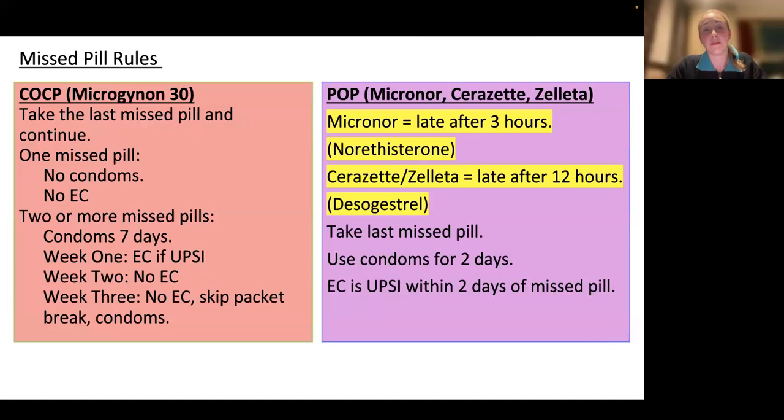So if they've missed 2 pills in week 1 and had unprotected sexual intercourse, you want to give them emergency contraception. In week 2, it matters the least, because if you've had 7 days of taking it, you're covered. So in week 2, no emergency contraception, but you would advise them to use condoms for 7 days.